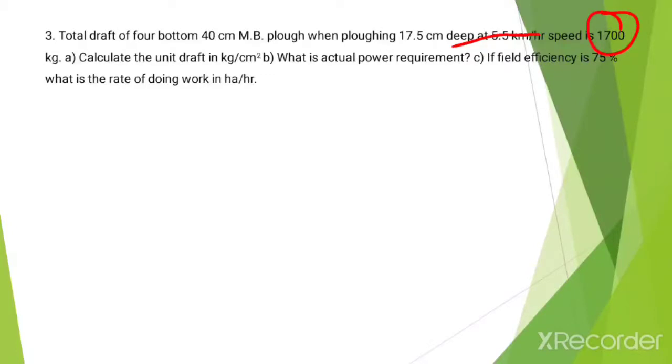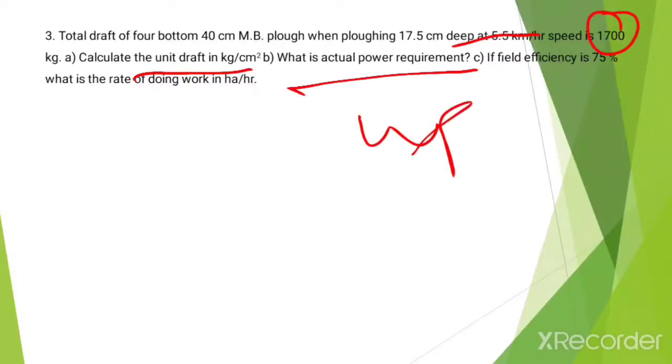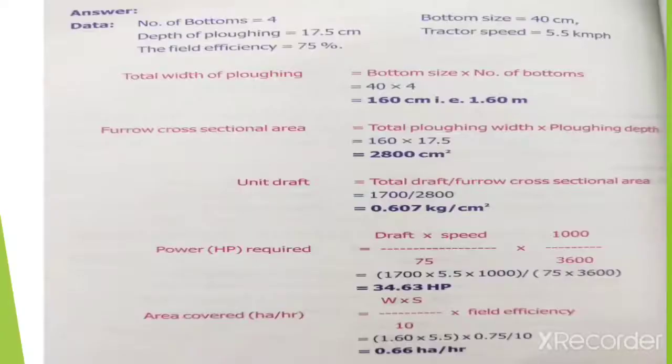Calculate the unit draft in kg per centimeter square, then actual power requirement, meaning how much horsepower is required. Then if the field efficiency is 75%, what is the rate of doing work in hectare per hour? Indirectly, the total area covered in hectare per hour. So we have to calculate unit draft, actual power requirement and rate of doing work in hectare per hour. Now let's see the solution.